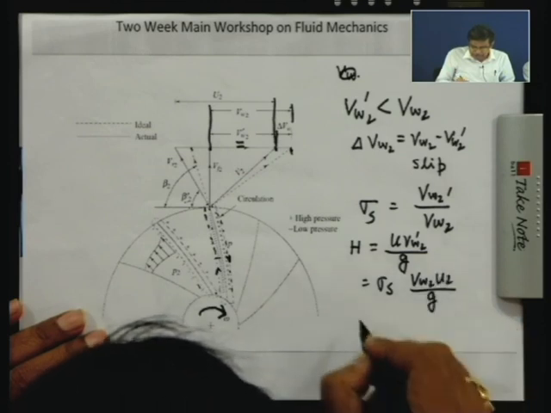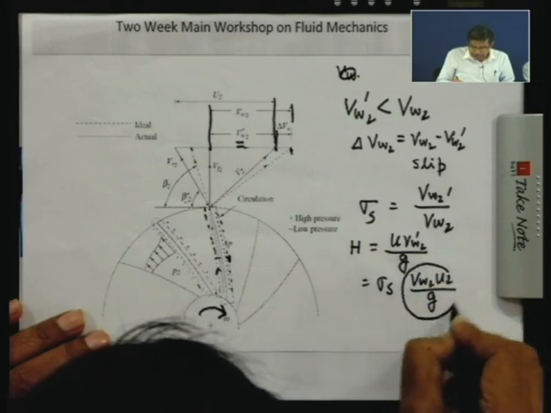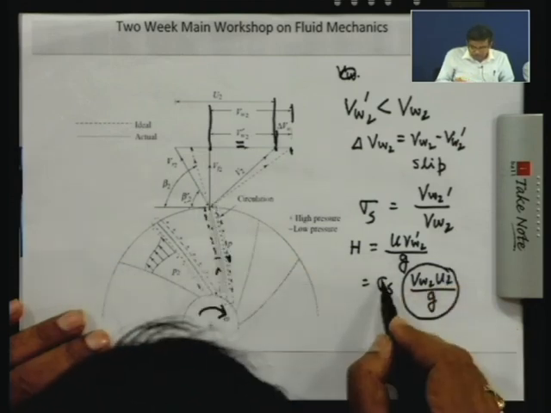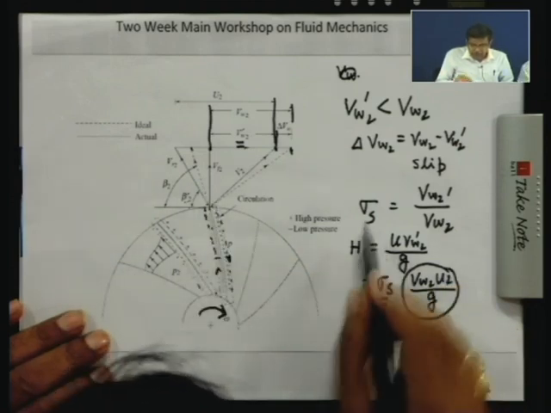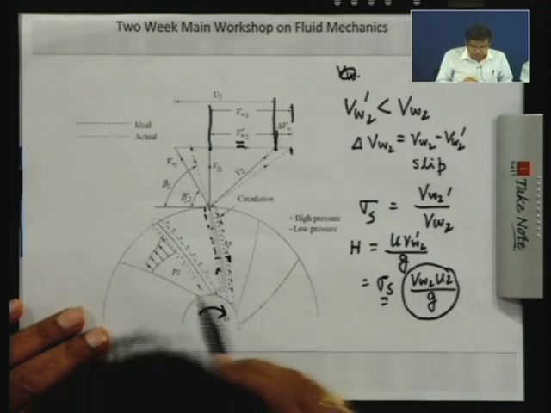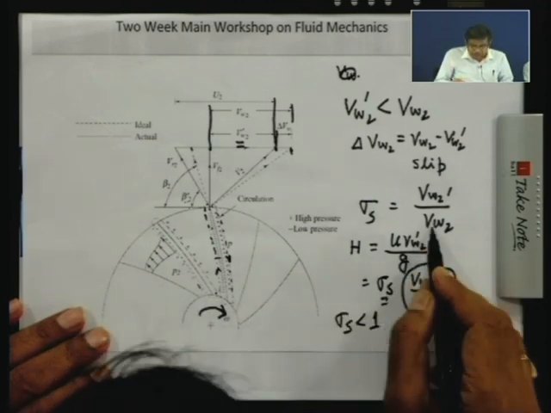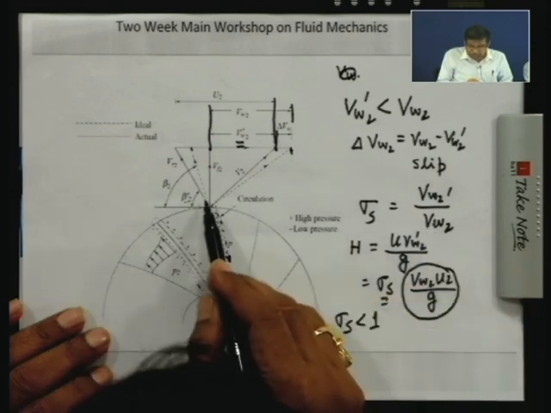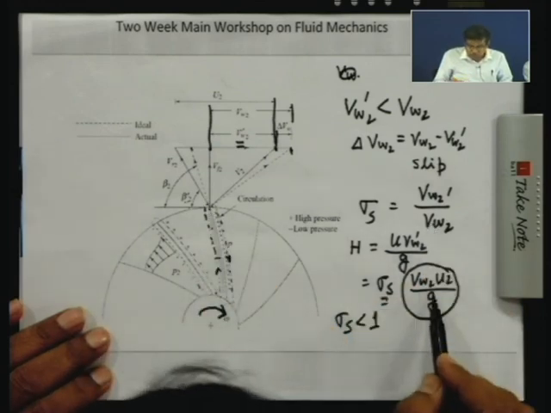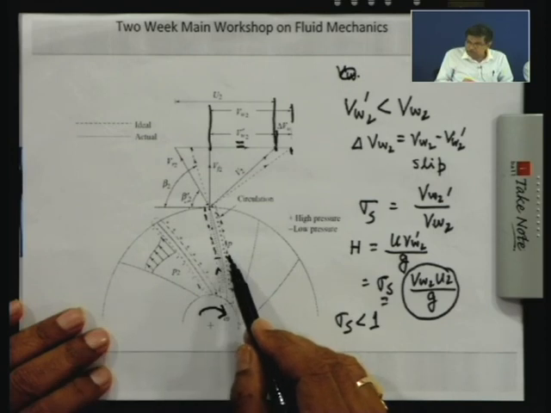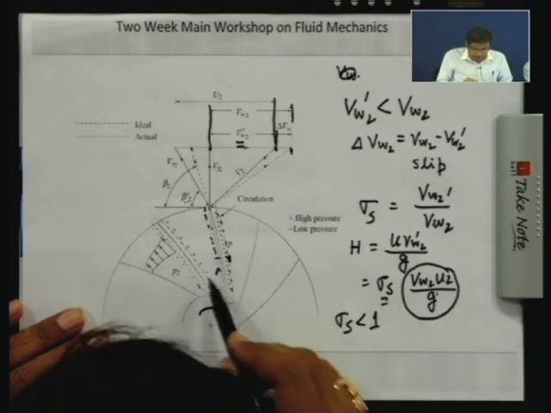That means the theoretical work done by the ideal case without slip will be multiplied by a slip factor to give this work done. So, because of this slip, sigma s is always less than 1, and the work or head imparted to the fluid is reduced. This is because only of slip.